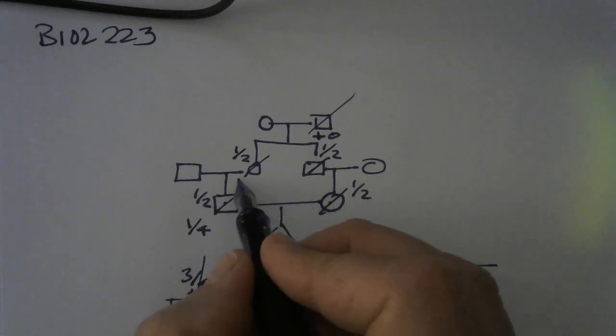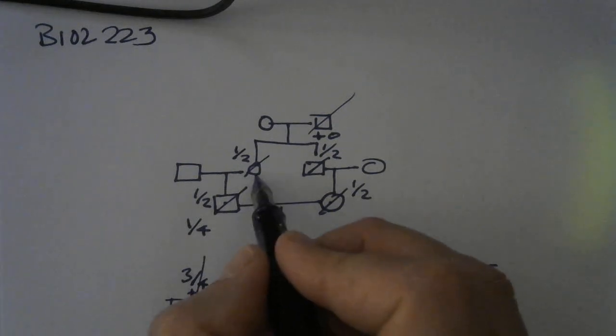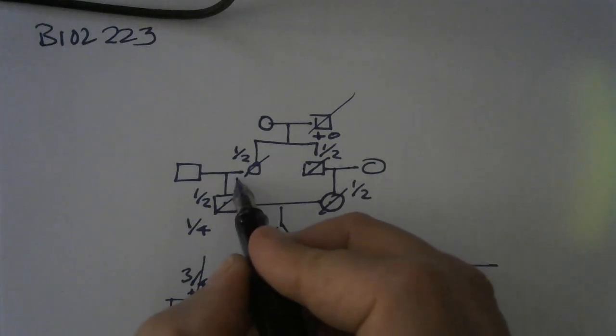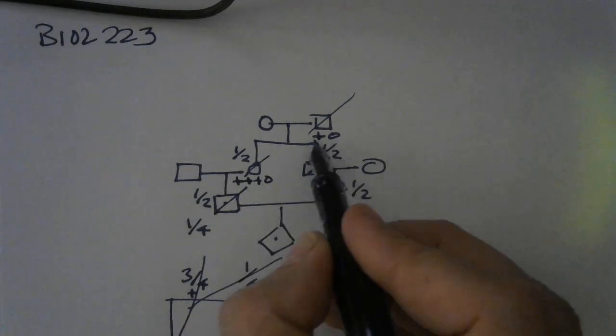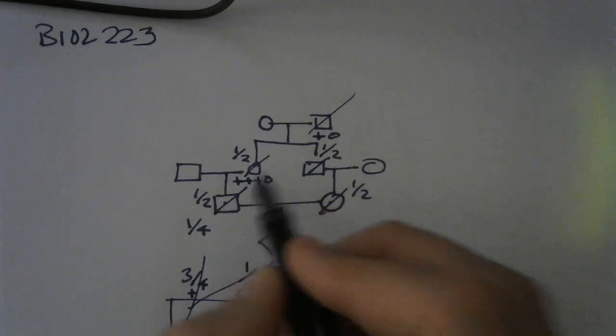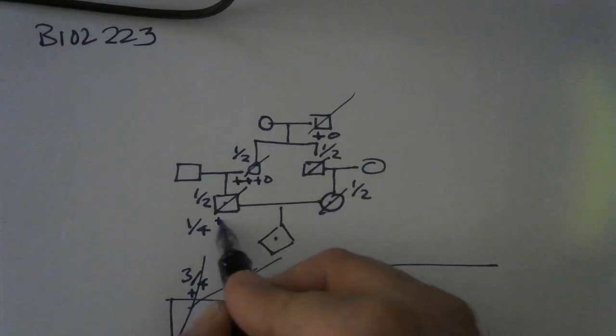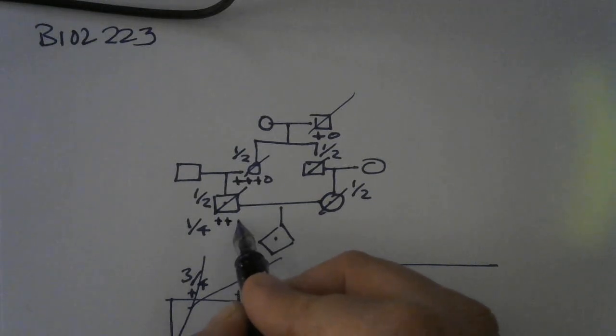But I can say if a pool of possible gametes, so I could just say there's a half chance she's a carrier and a half chance she's homozygous wild type, and I can follow that through. Or I could say she's equivalent to plus null, diluted by wild type by a factor of 2, and this offspring would be plus.